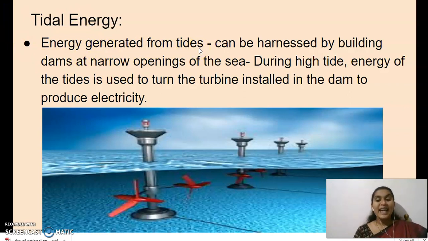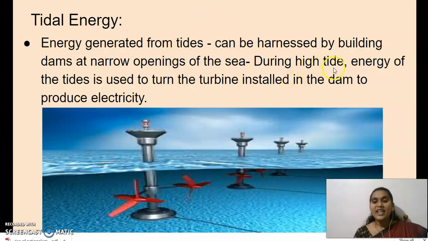Due to the tides, energy is generated, and it can be harnessed by building dams at narrow openings of the sea. Where can we build the dams? At narrow openings of the sea.